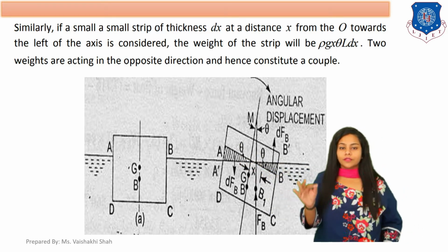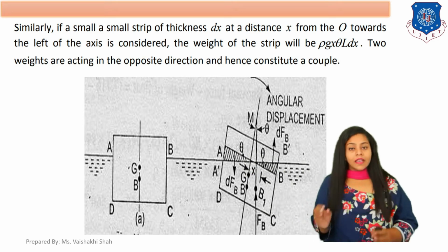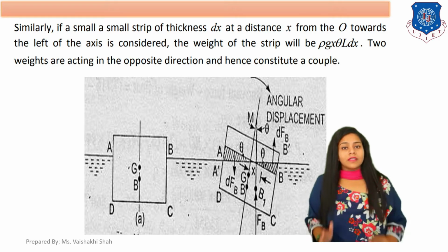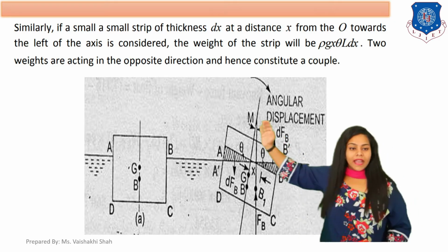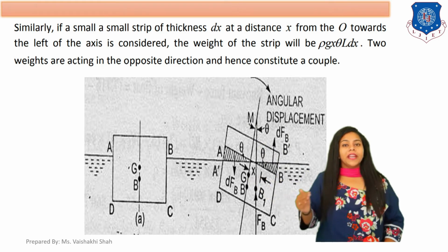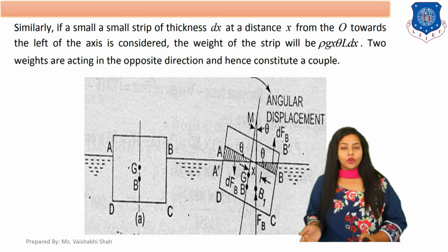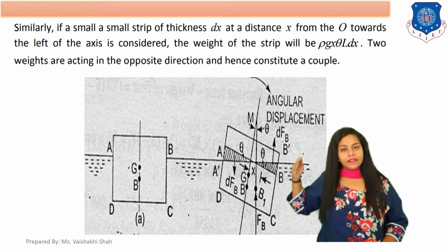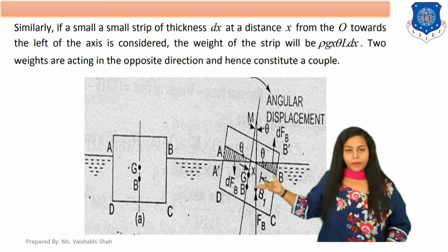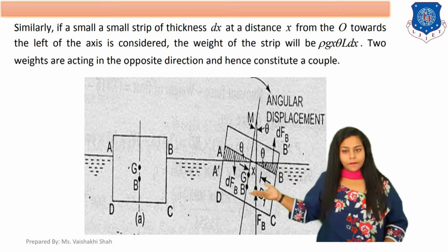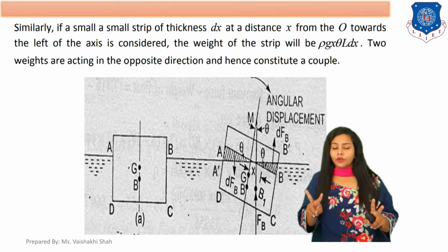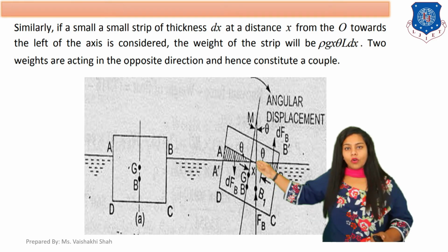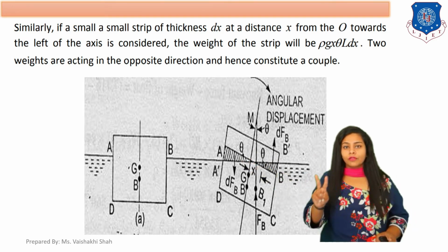So similarly a small strip of thickness dx at a distance x from O is also selected for triangle OA'A, and the weight of the strip is the same, that is rho g x theta L dx, which we derived in the earlier slide. So there are two weights, one in triangle OB'B and one in triangle OA'A.